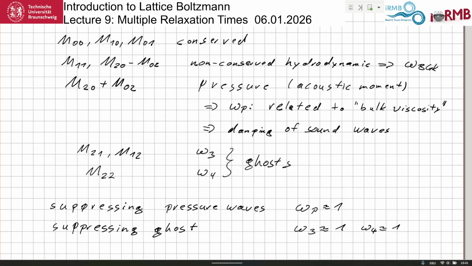By the way, you will find in literature papers where they say that when you put omega p equal to 1, all the stability improvements of MRT or kind of MRT models is due to ramping up bulk viscosity and suppressing pressure waves.